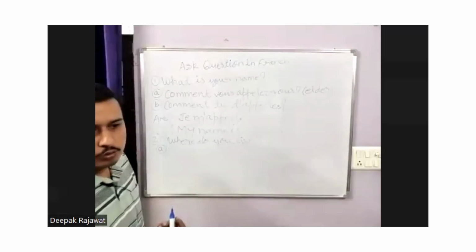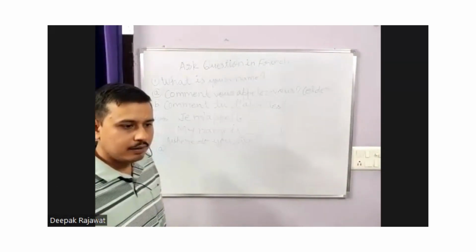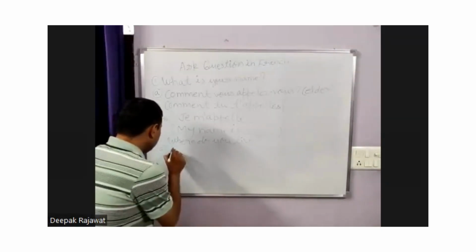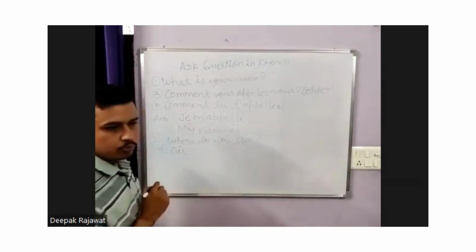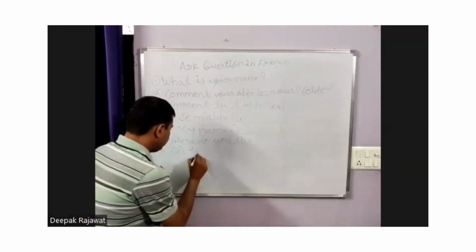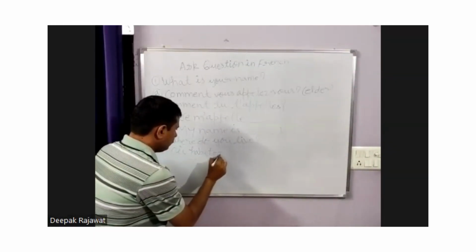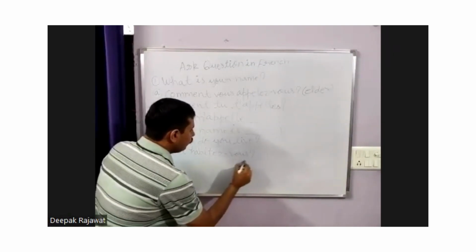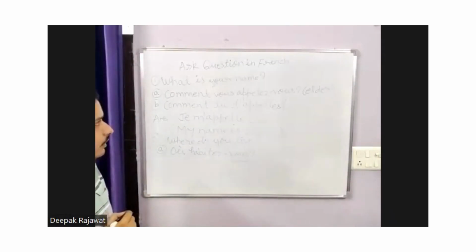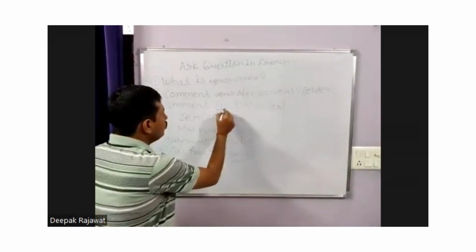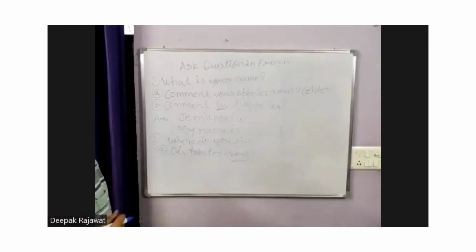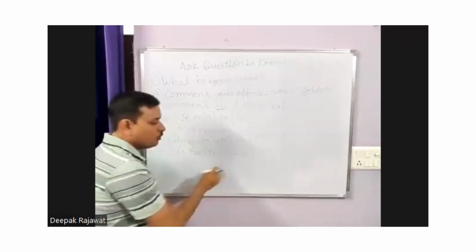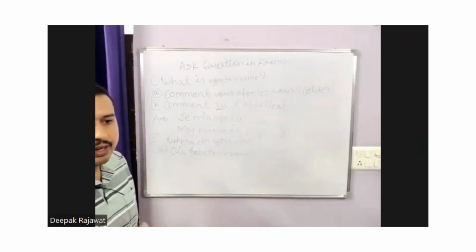So it is also two ways, formal and informal, for friend and for elder. Où habitez-vous? This vous we have done. This is for elder, and this is tu. Tu for friend. Où habitez-vous? आप कहाँ पर रहते हैं?